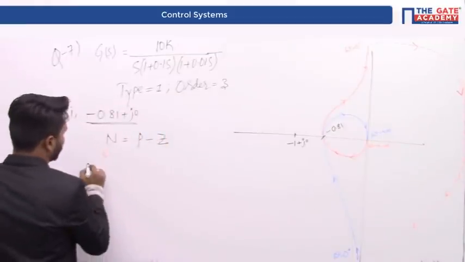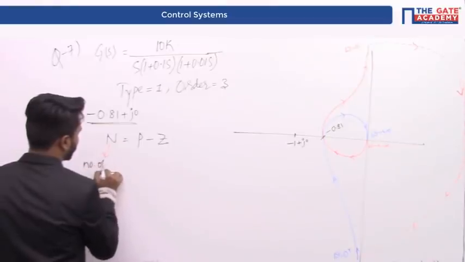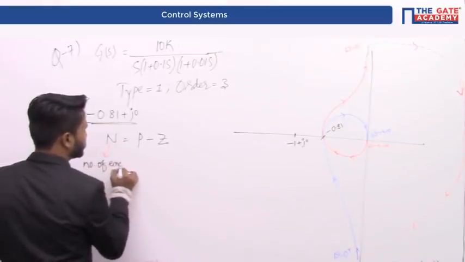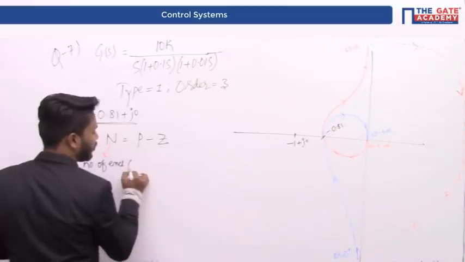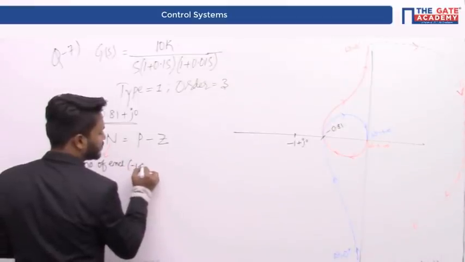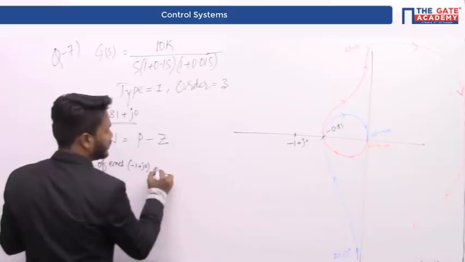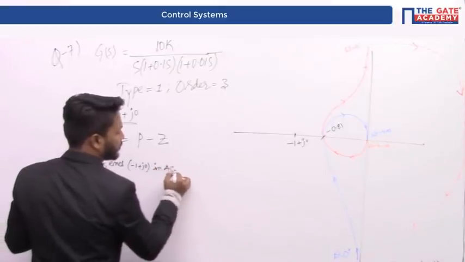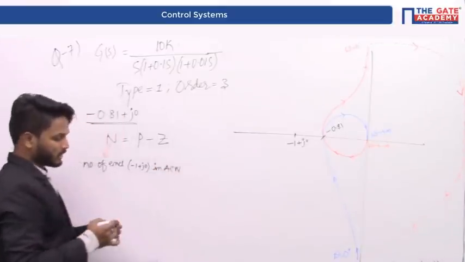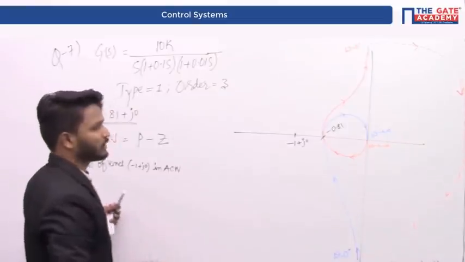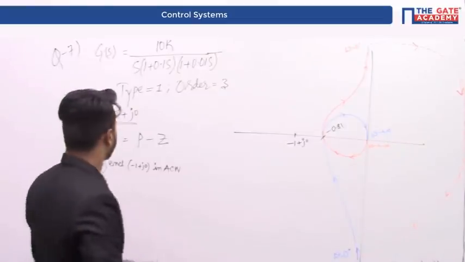Therefore, N is the number of encirclements of the minus 1 plus j0 point in anti-clockwise sense. If the encirclements are clockwise, then they have to be counted negative, right?